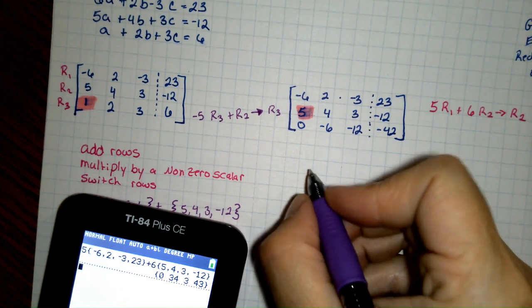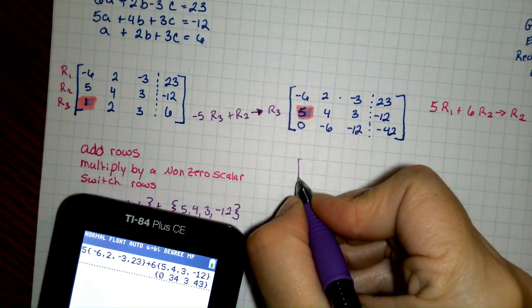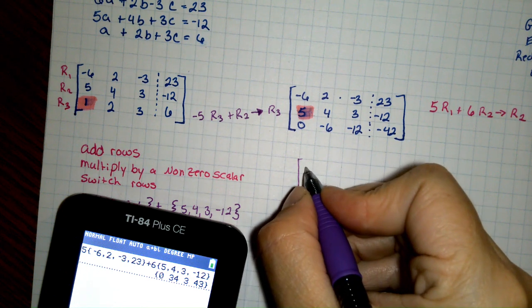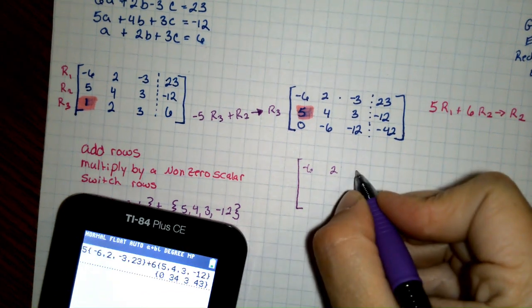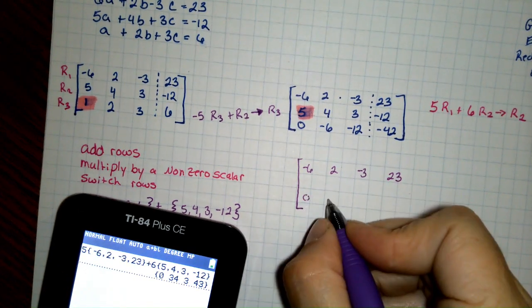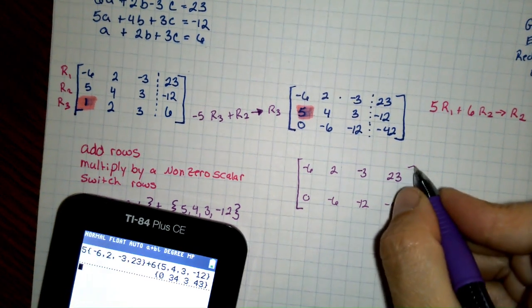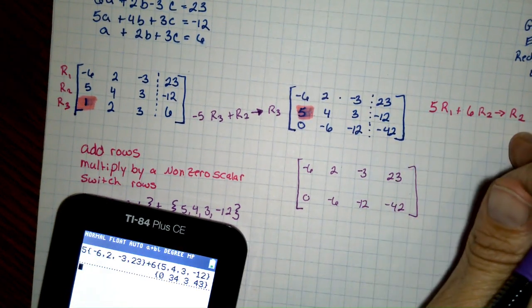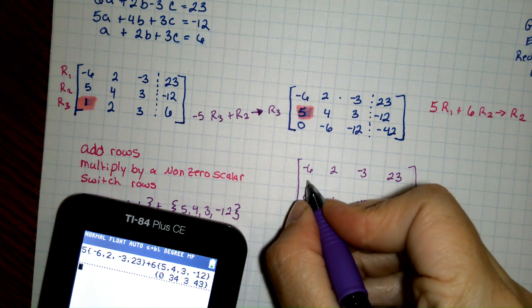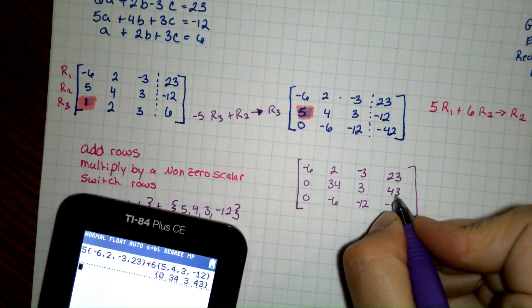Okay, so now that we've done that, we typed it in the calculator. The top line stays the same because we haven't changed what's stored there. The bottom row, when we did this math in our calculator, it said 0, 34, 3, and 43.